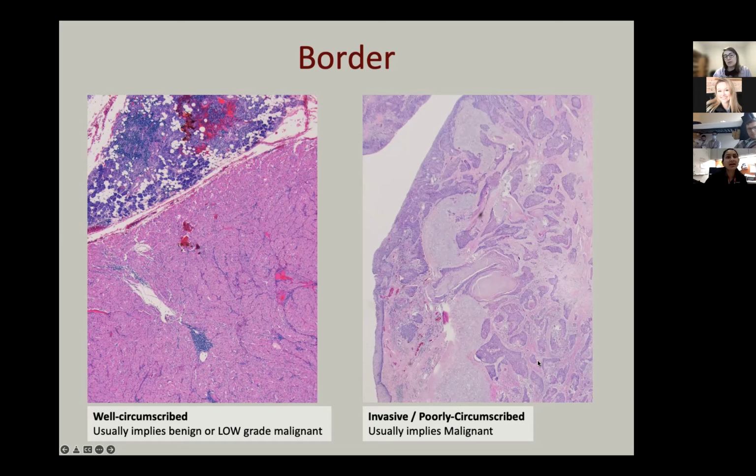As I will say over and over again, these features are not uniform. Just because it's well circumscribed doesn't 100% mean it's benign, and just because it shows some infiltration doesn't 100% mean it's malignant. We have to take all these features together in order to determine benign versus malignant, because there's not necessarily a single feature that will push you in one direction or the other, with rare exception.